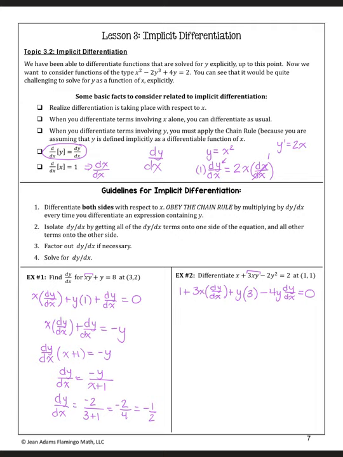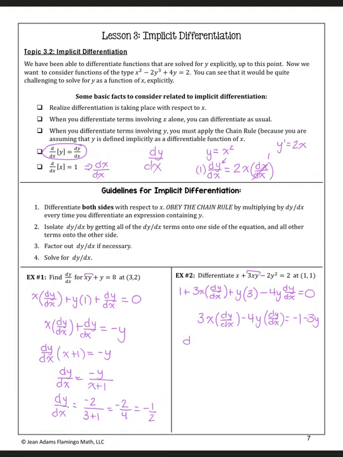Again, keep all dy dx's on one side and move everything else over. So we have 3x dy dx minus 4y dy dx is equal to negative 1 minus 3y.